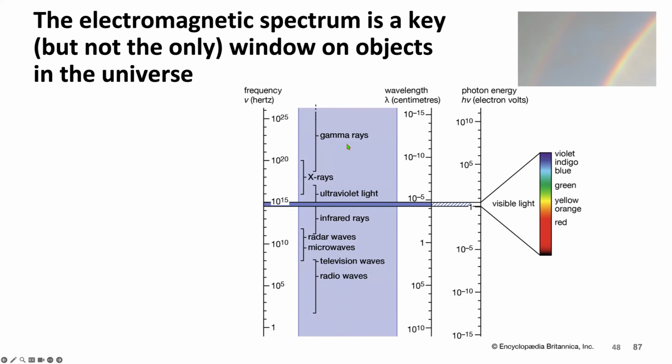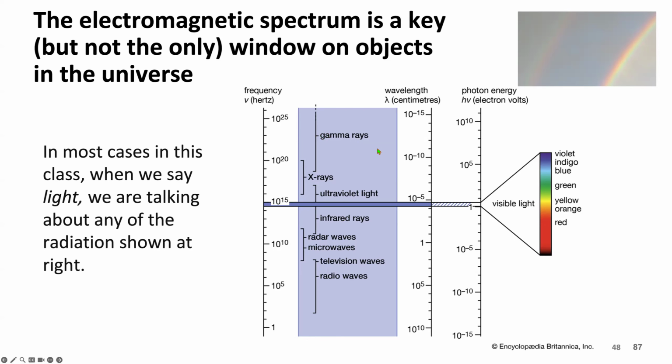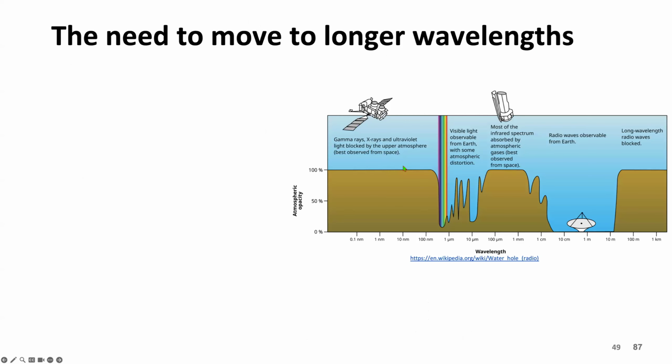We can only see a little slice, but we have telescopes of various kinds looking at each of these parts of the electromagnetic spectrum. In many cases, we have to go to space to see these high energy or low energy sources of electromagnetic radiation because their radiation does not pass through Earth's atmosphere. Here's a depiction of that.